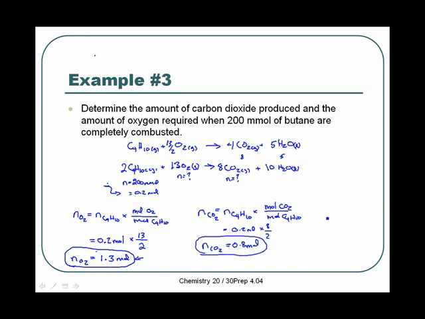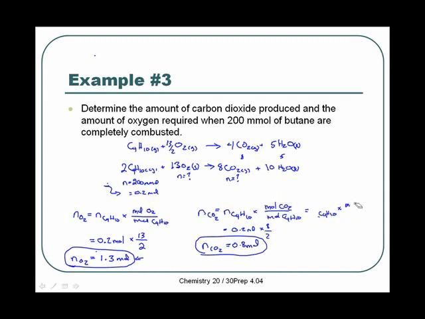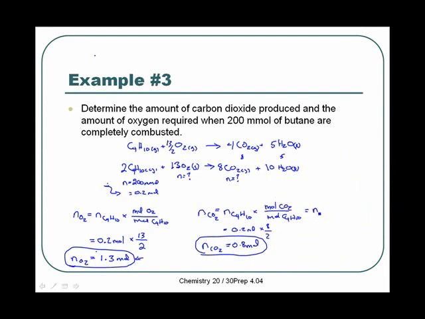So, there's our calculation. Now I just want to show you that if we had used our answer for oxygen, we still would have gotten the same answer for carbon dioxide. We could use the number of moles of oxygen, but now our mole ratio would change.